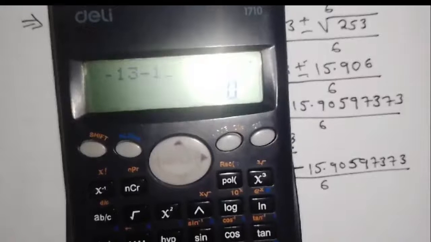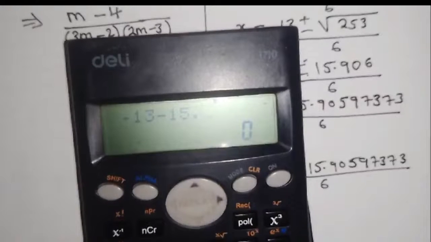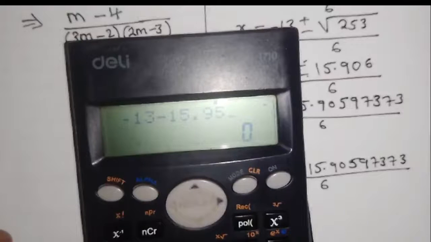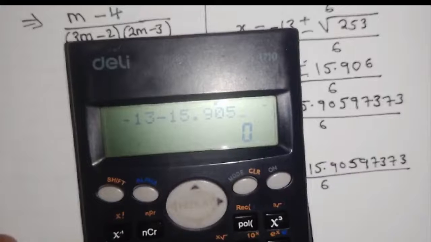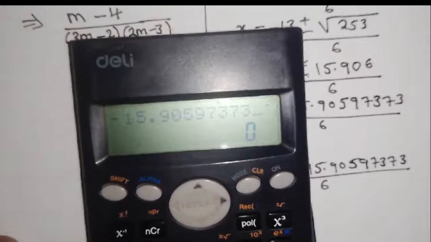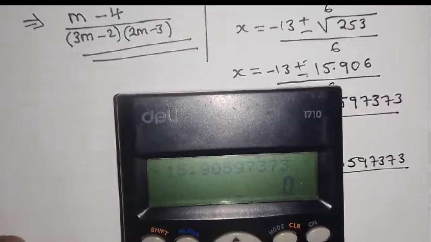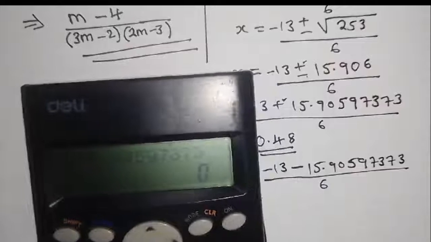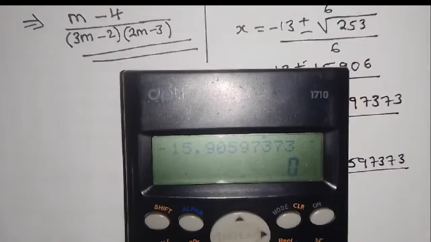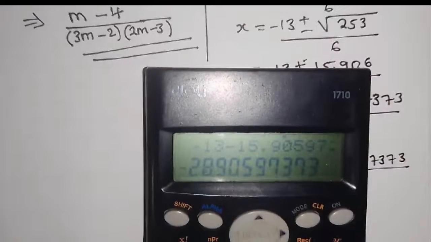So this is 15.905 973. Okay, so I hope you are able to see. Then you press equals, then you'll be able to get negative 28.90.